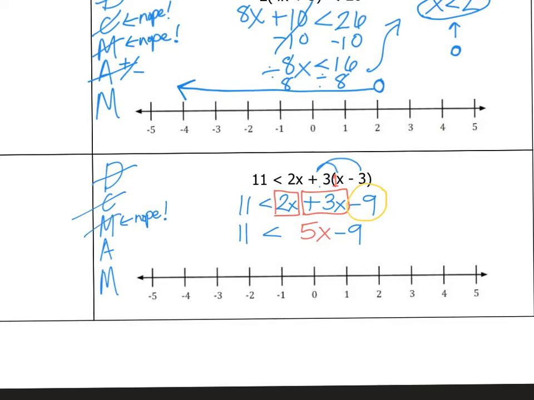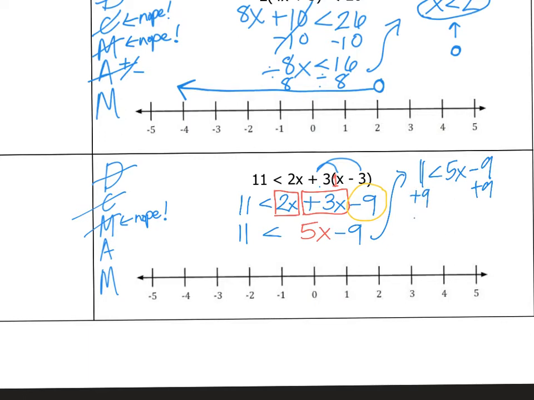All right, now we need to look at our constant. I'm going to go ahead and rewrite this just so we have more room to work with. Our variable is on the right-hand side, so our constant is also on that side, and it's alone. So it is negative 9. To get rid of a negative 9, I need to add 9 to both sides.